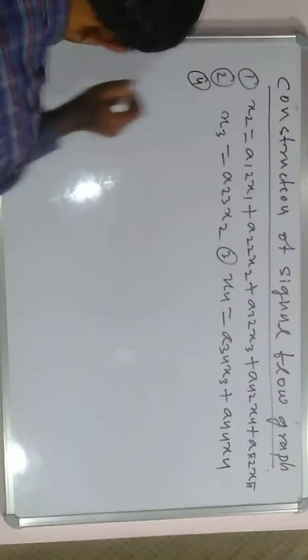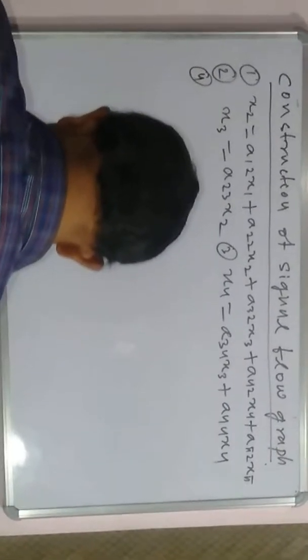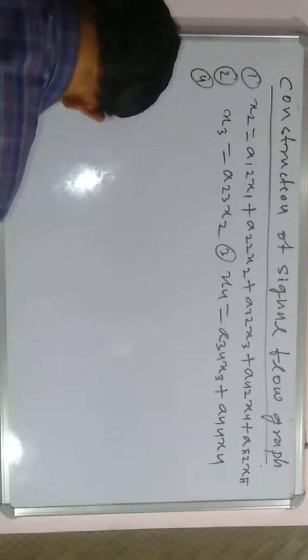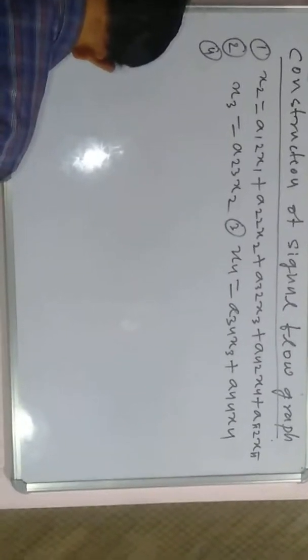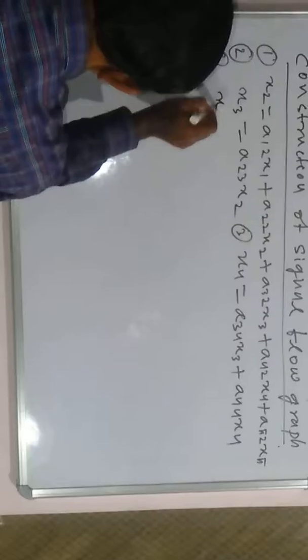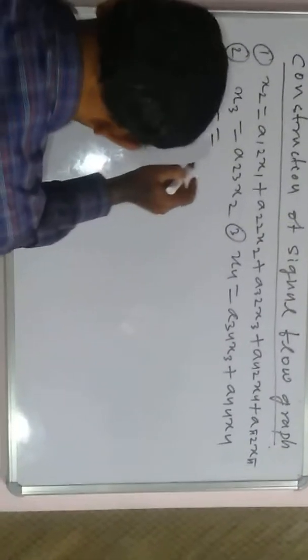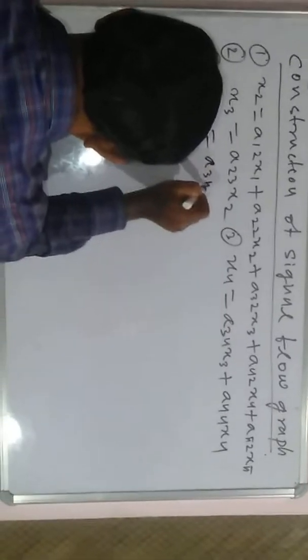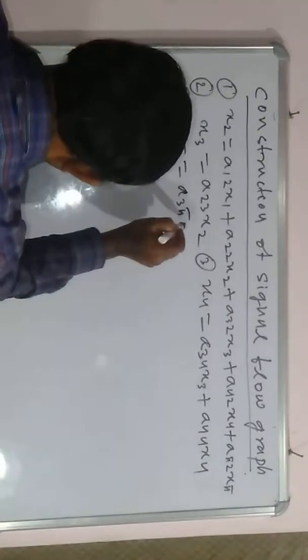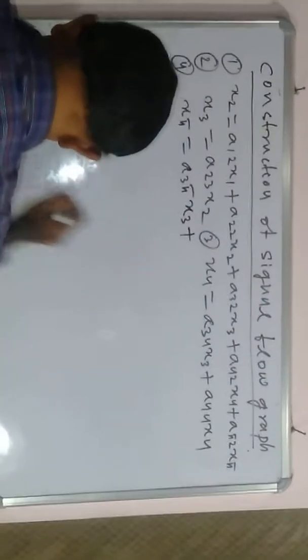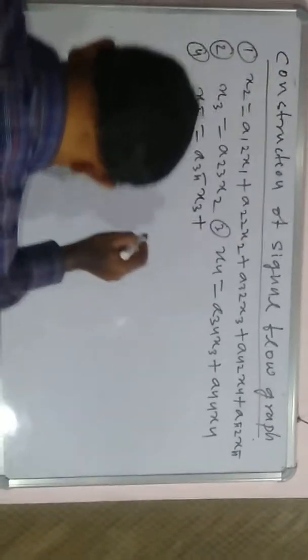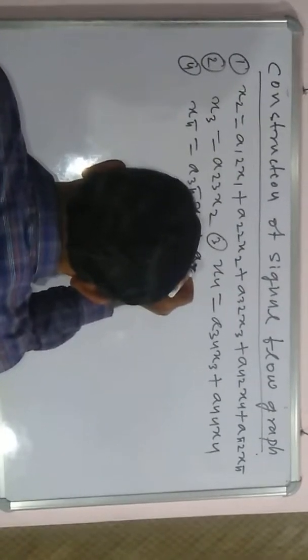Equation number 4, that is x5 is equal to a35 x3 plus a45 x4.